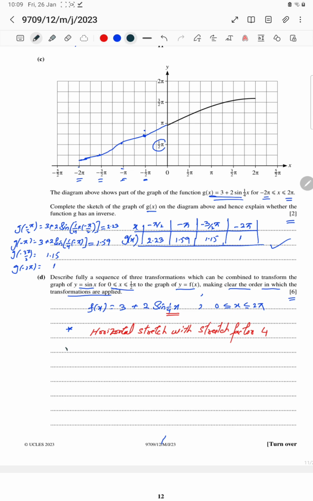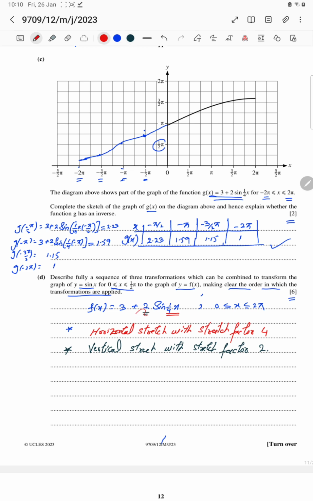Okay, the second case is about this 2, and this is the multiplication, so we can say vertical stretch with stretch factor 2, and horizontal will remain the same.